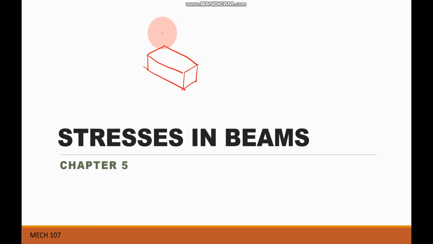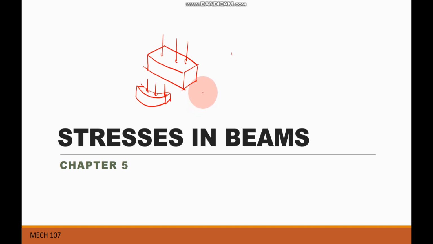So kung mag-a-apply tayo dito ng loads ng beam, magkakaroon siya ng deformation or what we call the bending. So parang ganito yung magiging itsura ng bending ng ating beam, this is just an exaggerated illustration, kung maloload siya ng certain force or a certain load.